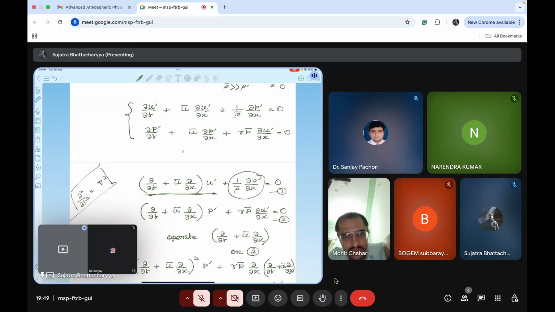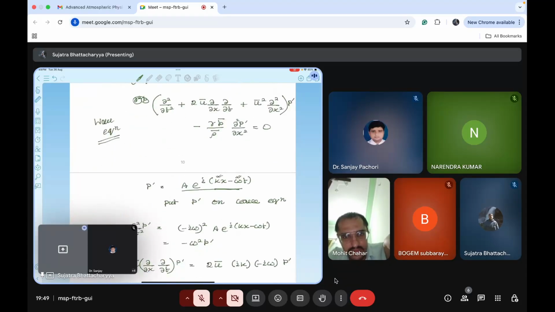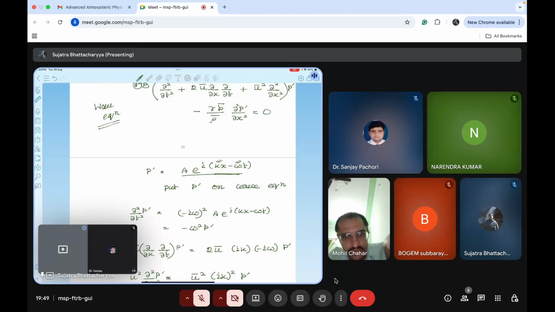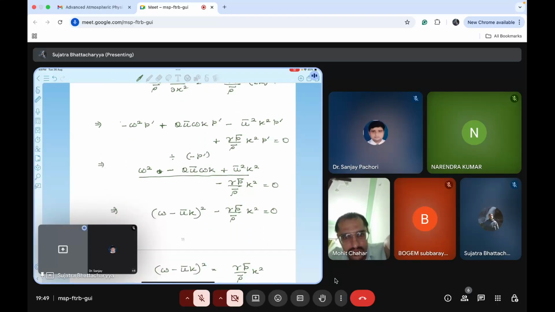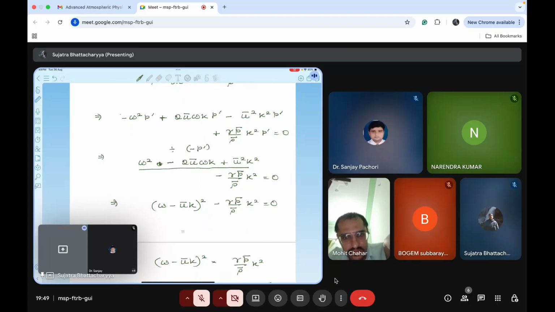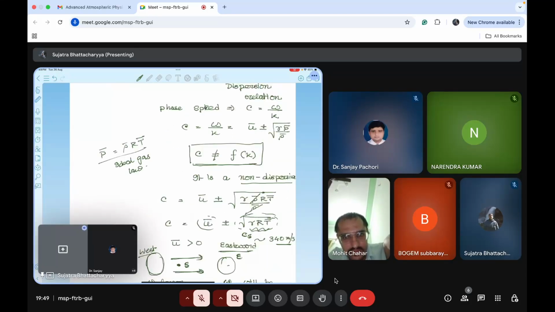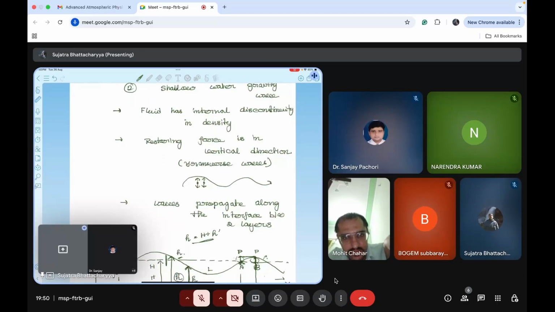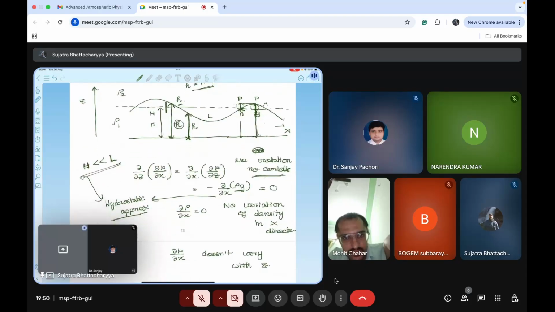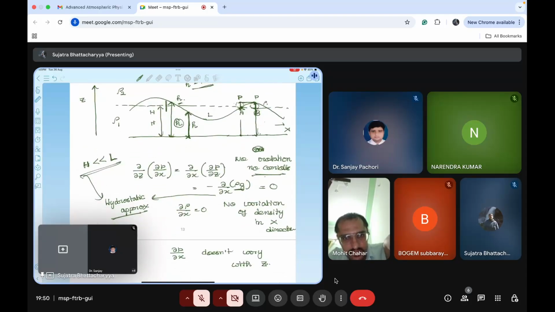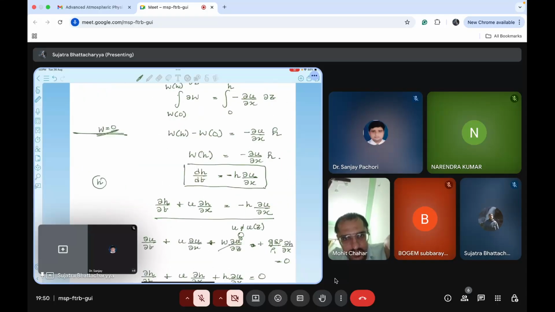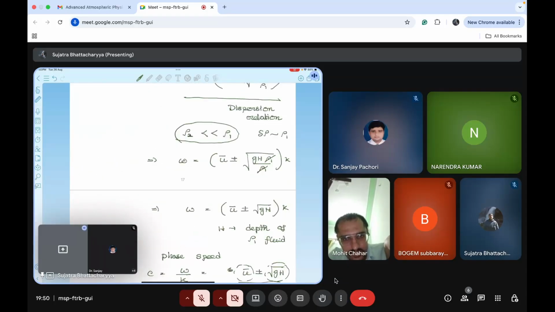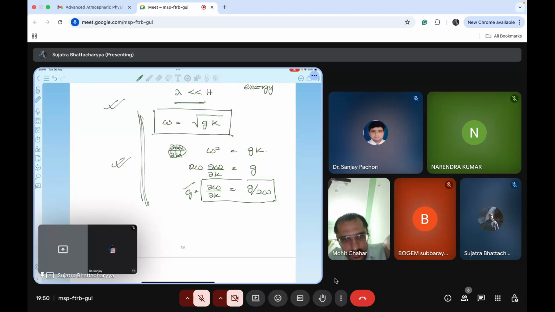Finally, I gave an expression for deep water gravity waves, which are dispersive in nature and have a group velocity which carries energy. So any storm formation over the ocean has to go with the deep water gravity waves, and you can apply that in the assignment questions.